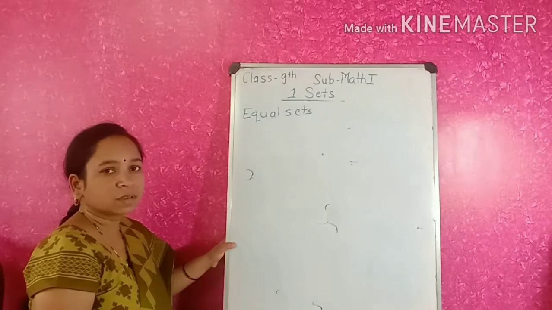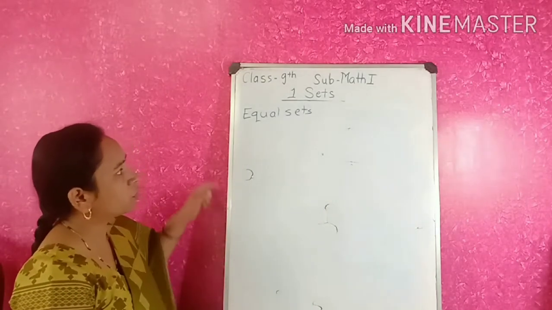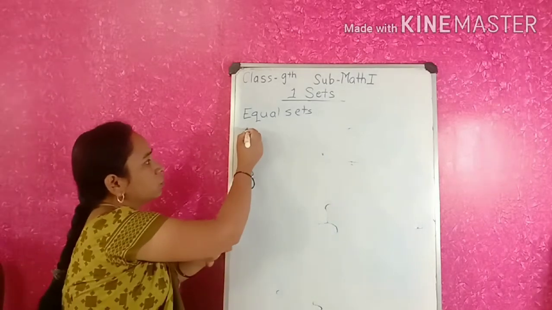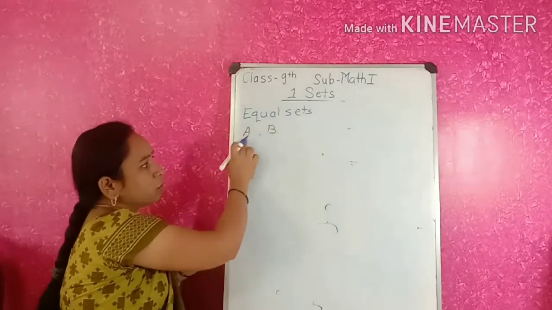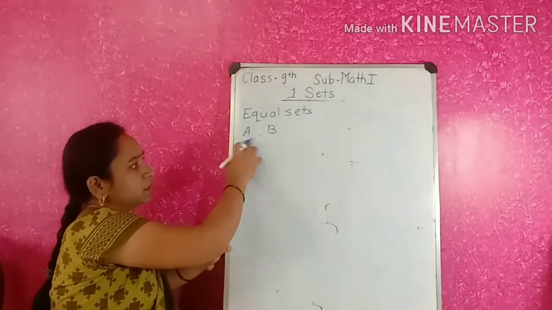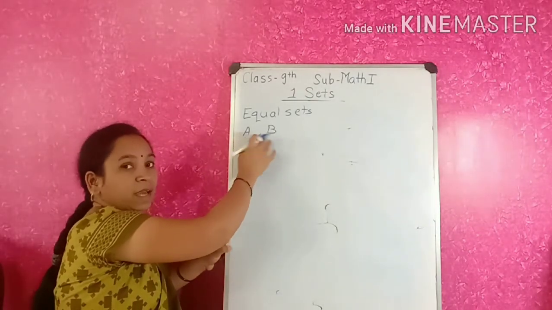Dear students, with these types of sets, I am going to teach you one more concept of equal sets. If there are two sets A and B, and both of them have the same elements, then those sets are called equal sets.